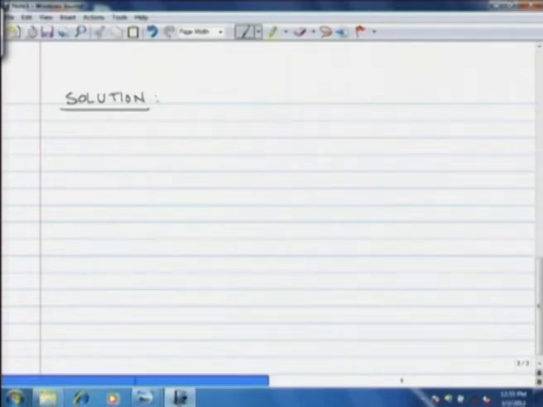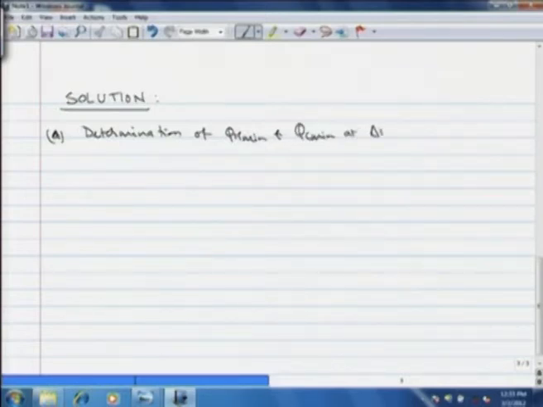The first question is determination of QH min and QC min at delta T equal to 10 degrees centigrade. For this purpose, we first shift the temperatures of the streams. We first write the shifted temperatures.